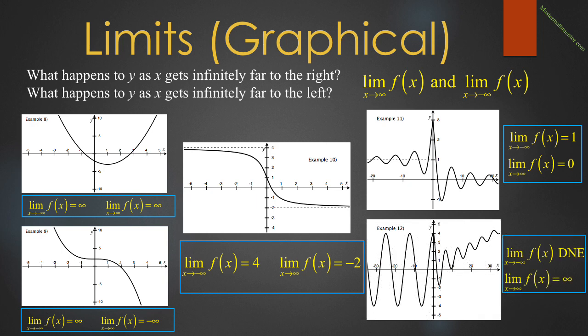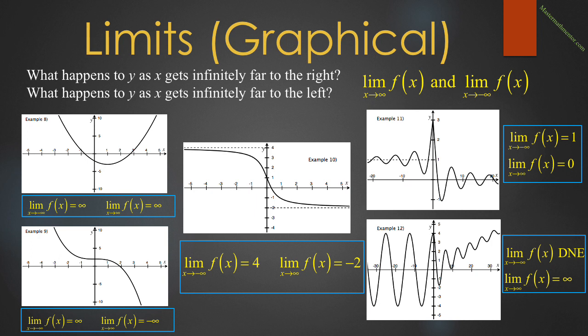Another type of oscillation that a graph can do is shown in example 12. In this case, the limit of f of x as x approaches negative infinity does not exist. The graph does oscillate, but keeps oscillating between negative 4 and 4, never getting closer to a value.